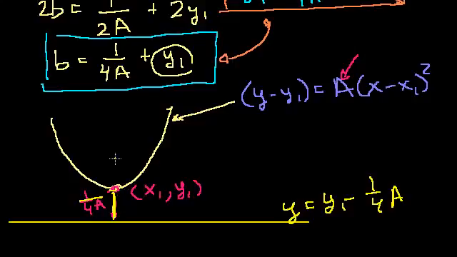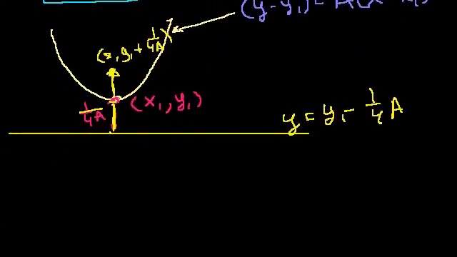And then the focal point, the x value of the focal point is going to be x1, the same as the x value of the vertex. And then the y value is this b, and we just go 1/4a above it, which makes sense because we need to be equidistant from the directrix and the focus. So this is y1 plus 1/4a. But the intuitive part is we just took 1/4a above it, right?